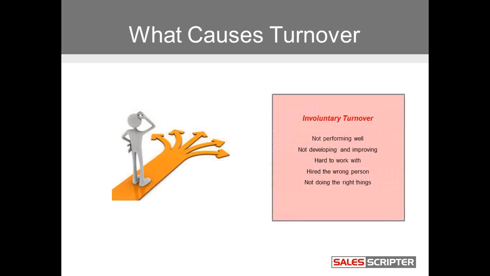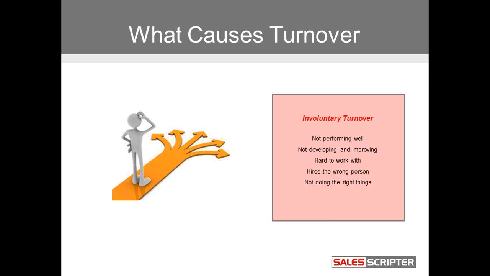Moving on, the other category of turnover is involuntary turnover. This is when someone is forced to leave an organization by termination. And some things that can lead to that, probably the most common one for a salesperson, is they are not performing well, right?